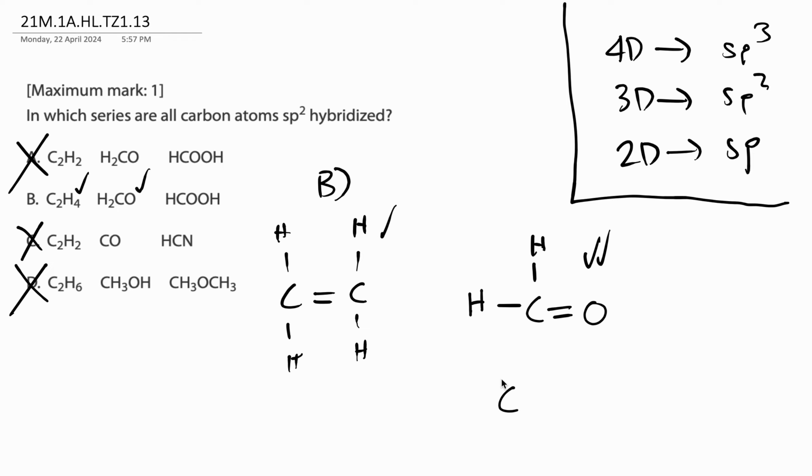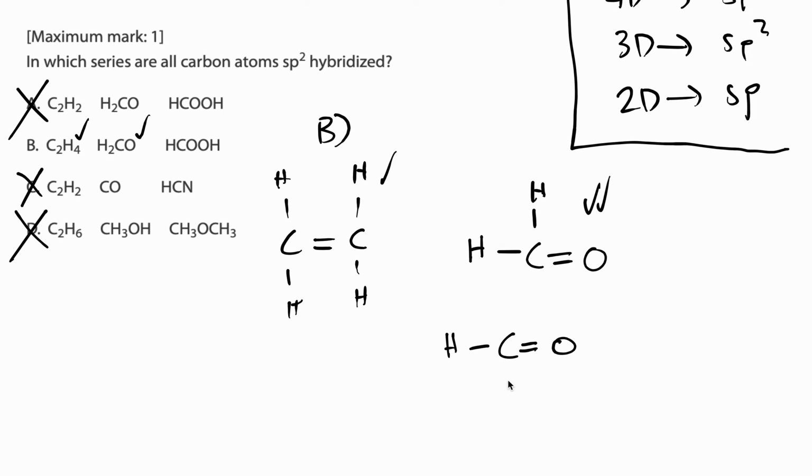So we have a carbon which is going to be bonding with the hydrogen, and then double bonding with an oxygen, which is bonding with a single oxygen, which is having a hydrogen.